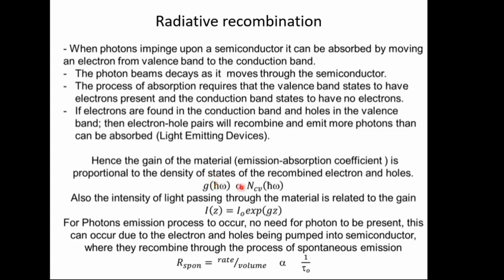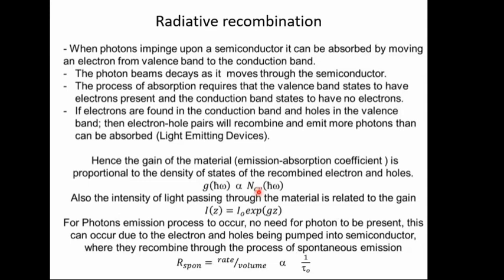Hence we say that this gain is proportional to what we call the density of the conduction valence. So it's the combined density of the two. So it's the recombined electron and hole. So when we talk about density, we're talking about the density of the state density due to electron hole pair.